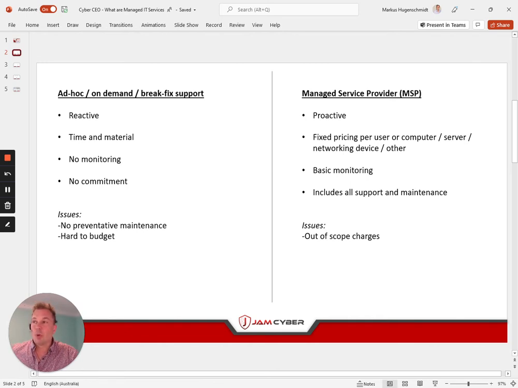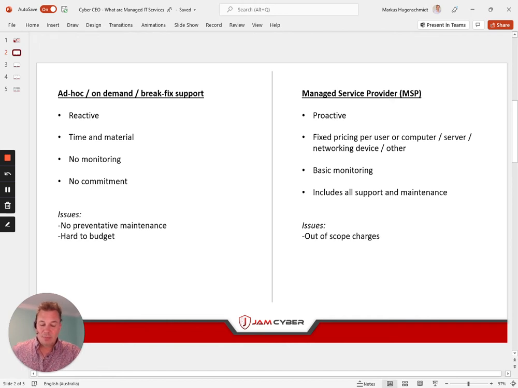In particular for growing businesses, the benefits of managed services are proactive support, often driven by basic monitoring functionality. So for example, if drive space is running out or something is happening with a managed antivirus that is part of the MSP agreement, it is essentially evaluated as it happens, and then a proactive fix is recommended.